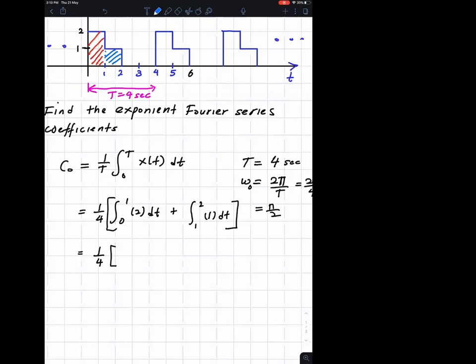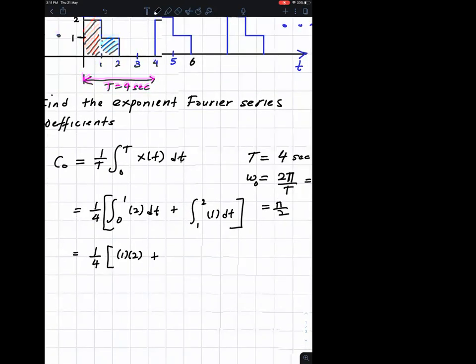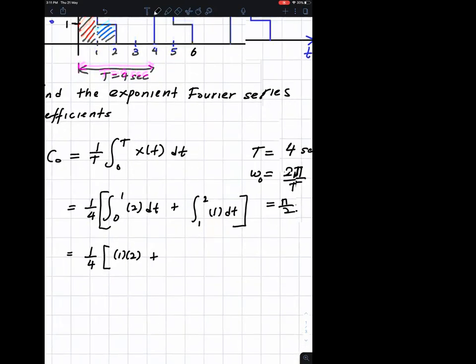So the area from 0 to 1 is 1 times 2, plus the area from 1 to 2, the blue shaded region, is going to be 1 times 1.